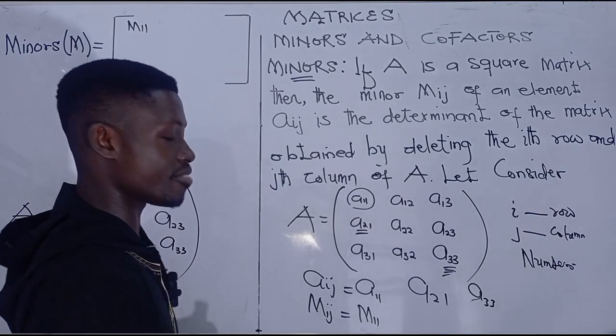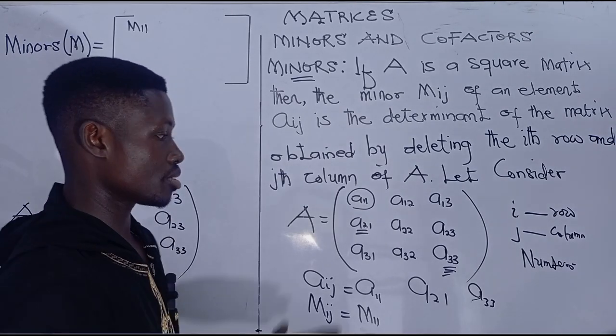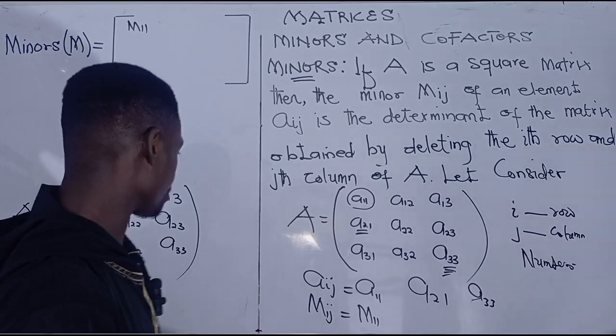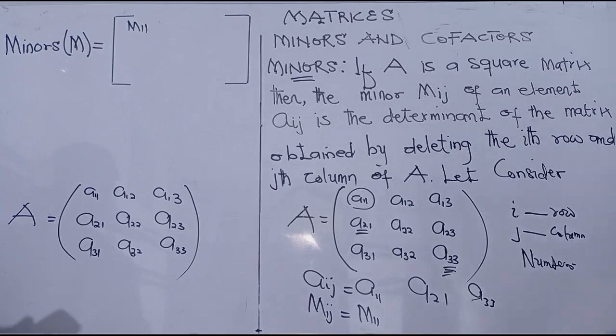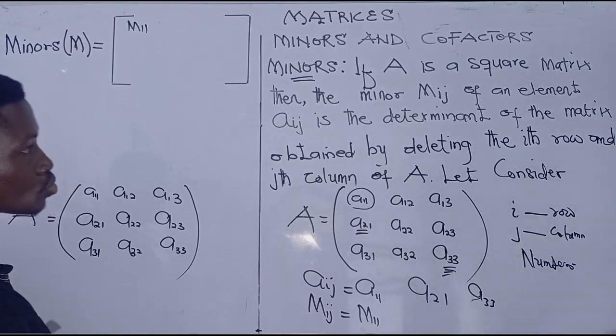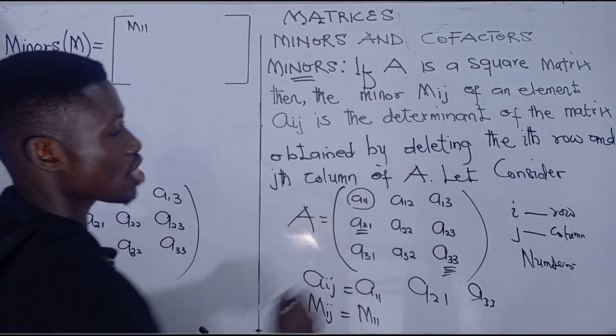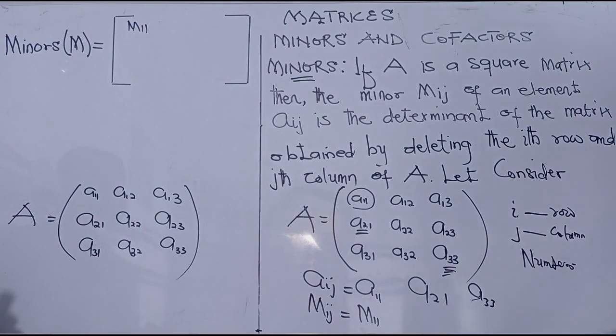Now let's look at how we can find the minors of this matrix. We have the duplicate of this matrix here, and to find the minors, we delete the ith row and the jth column, and then find the determinant of what still remains. So we are looking for M11, the minor of the first row and the first column.